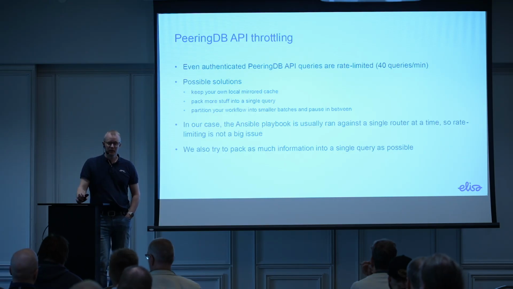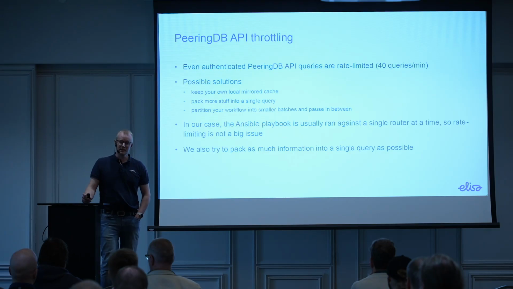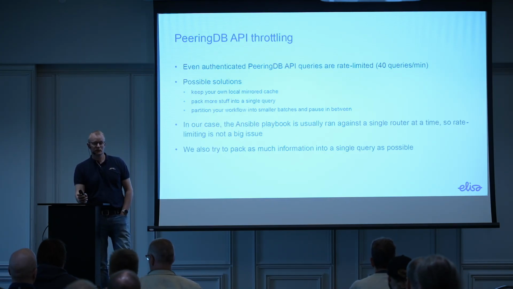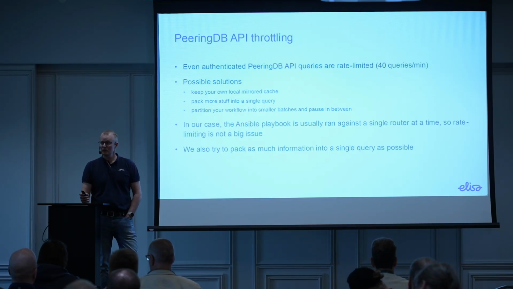There are publicly available tools to do that, so that you basically fetch the PeeringDB database into your own infra, and then you can use that as a target for your queries without any rate limits. We don't have that. Instead, as I said, we try to pack as many queries into a single query as possible, and it has been working for us.